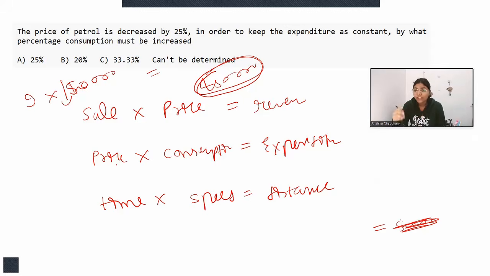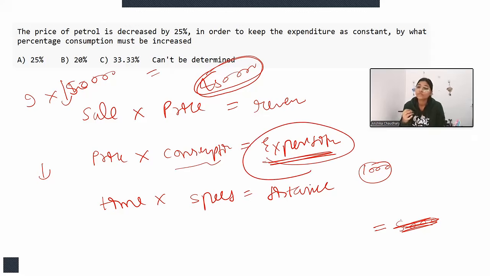You will use your motorbike a lot, so that you can make sure the expenditure is constant, because if the price is reduced and your consumption is the same, your expenditure will be less, right? But you want the expenditure to be constant, like I spend 1000, so it should be 1000 only in a month. But the price is decrementing, so you will go here and there with your bike, right? You will use it in order to keep your expenditure constant.